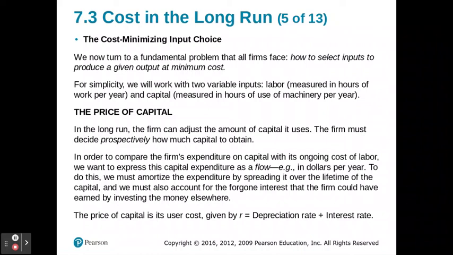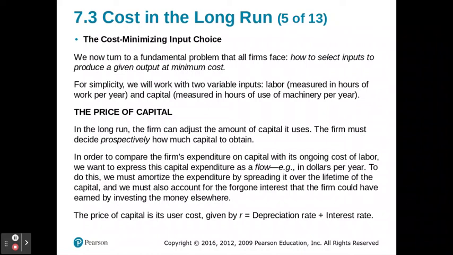So everything is variable, which now means that the firm has a much different way that they need to think about things. Because now all of their workers are variable, all of their capital is variable. And so as a consequence, they need to make an appropriate choice of how much capital to use, and how many workers to use.